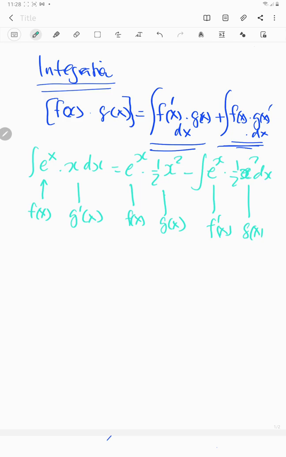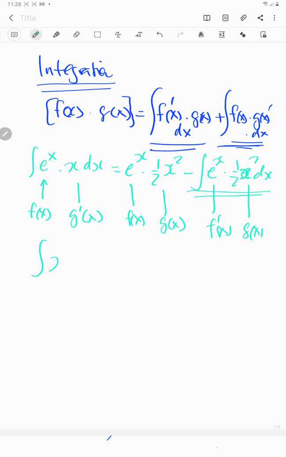After that, you can simplify, because you can easily get the integral of that. So when looking at integration, we can look at it from a different angle.